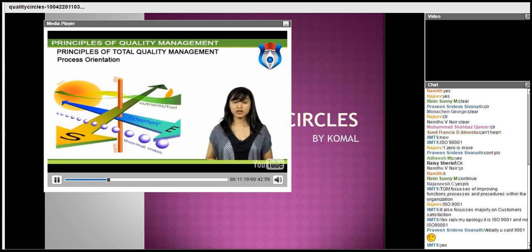Process orientation. The traditional way of viewing an organization is by surveying the vertical dimension by keeping an eye on an organization chart. However, work gets done or fails to get done horizontally or cross-functionally, not hierarchically.